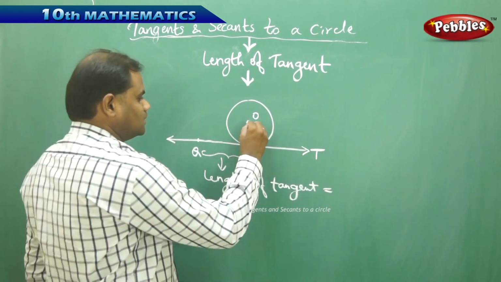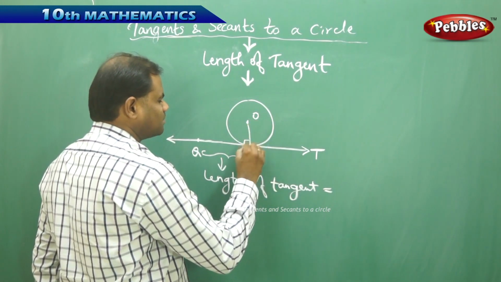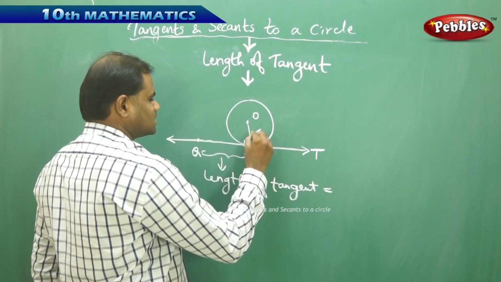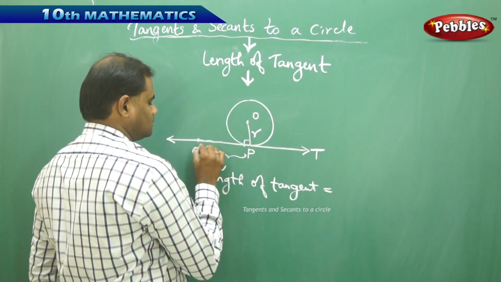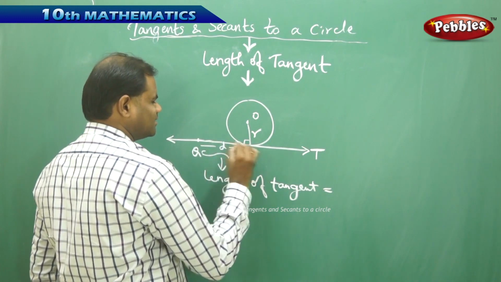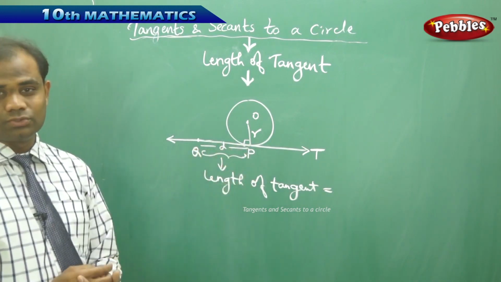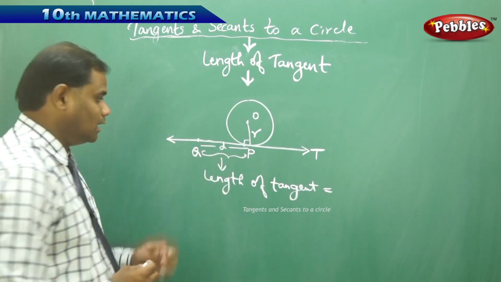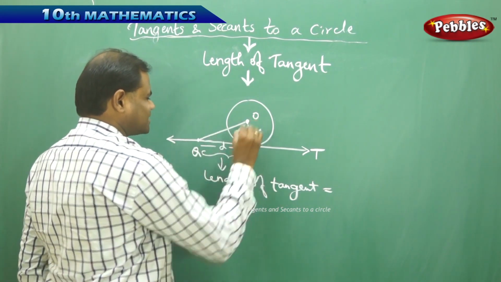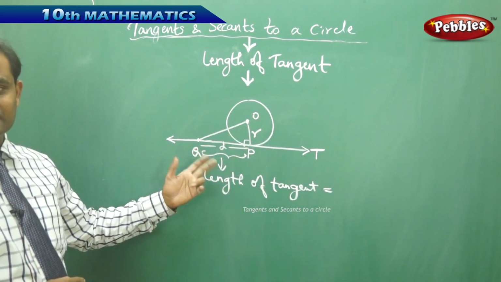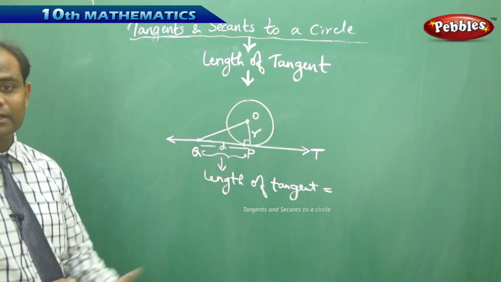So if I have this to be clearly the radius which is perpendicular, and this is say D, the distance from the point to the point of contact, then clearly when I join OQ, I get a right angle triangle OPQ, as can be clearly seen in the diagram.